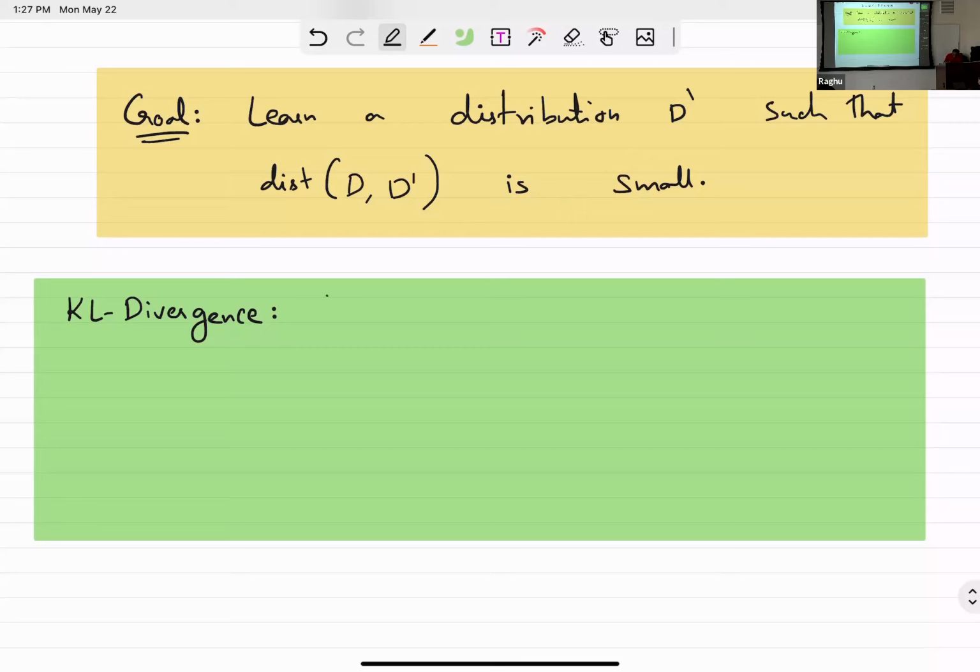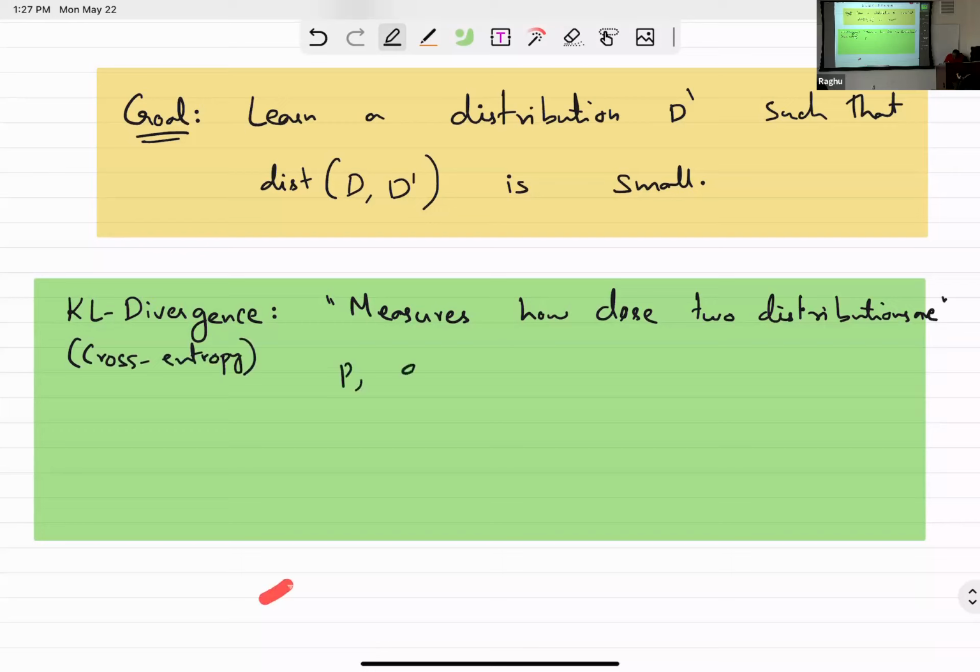The KL divergence came up in information theory in the 50s. So it measures how close two distributions are. And there is a formula for it. It's essentially, as I said, the same as cross entropy.